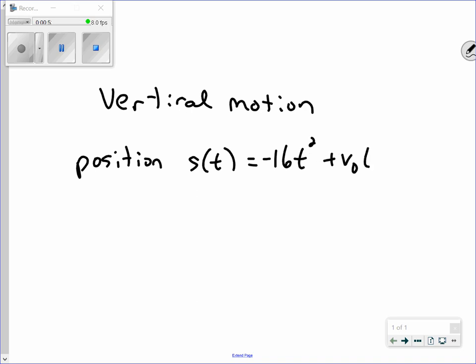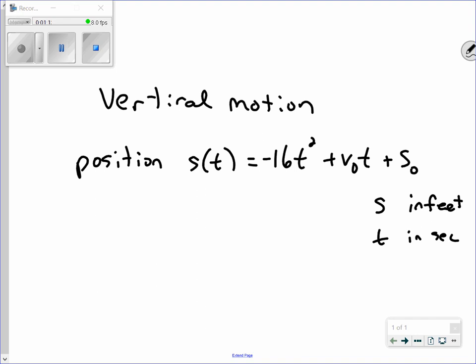This is a basic format for the position of an object with respect to time. In this case, S is position, and I'm going to give it in feet, and T is in seconds.